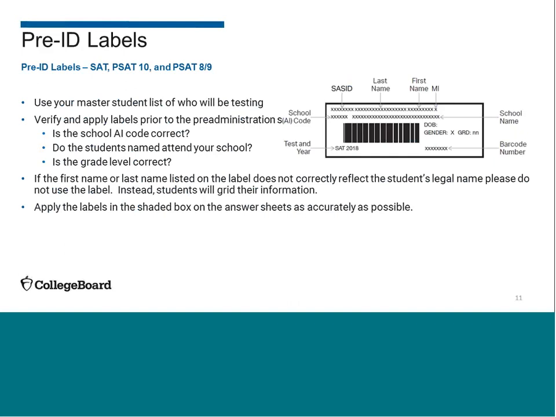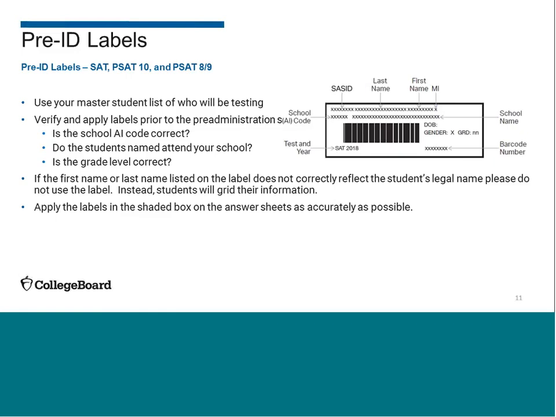When you are planning your session, once you receive the labels, you want to verify the labels. Make sure that you've received the labels for your school by checking the AI code. Verify the student names that are included on the labels and the grade level. If the first and last name is incorrectly reflected on the label, then we ask that you not use the label.